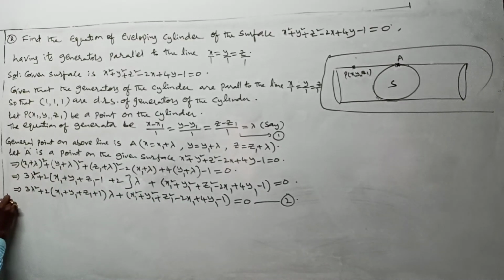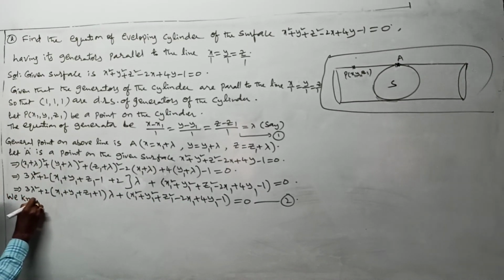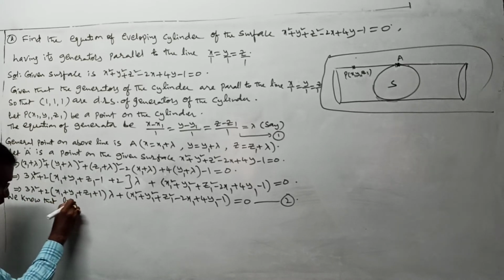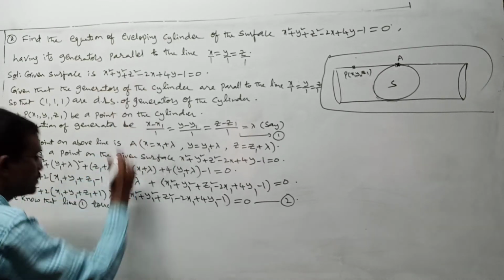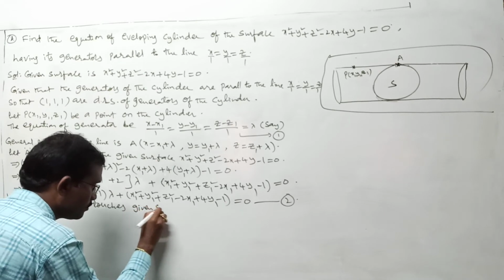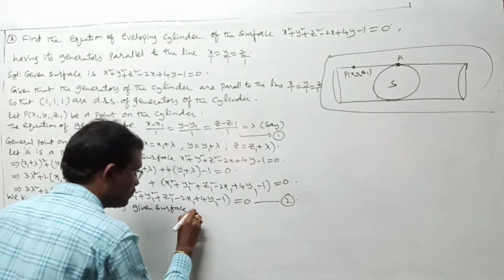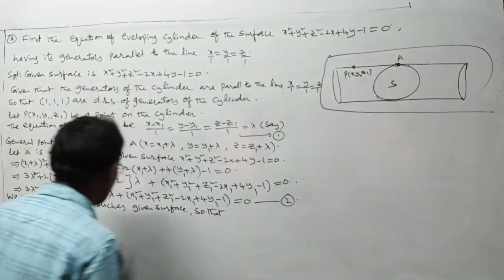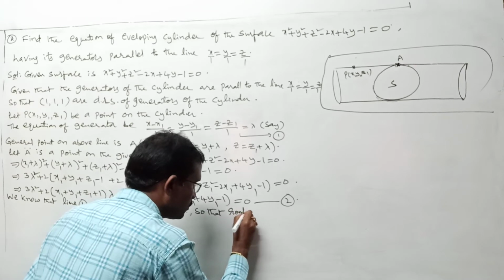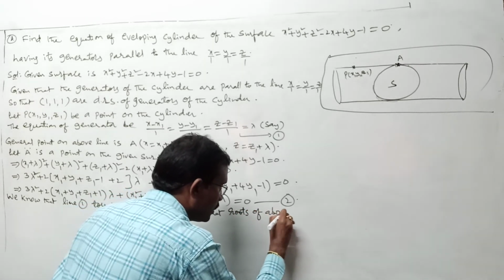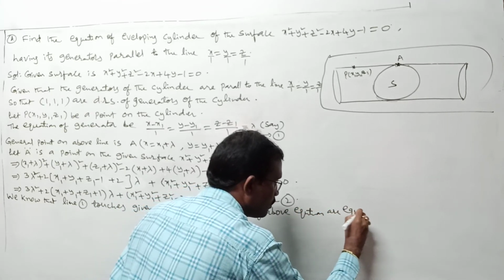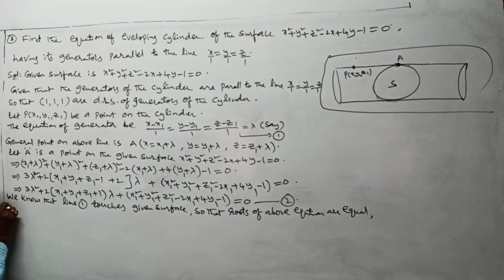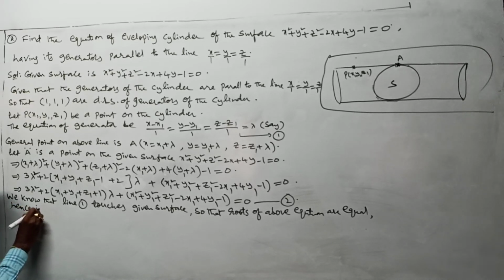We know that line equation 1 touches the given surface, this surface, so that the roots of the above equation are equal. Hence its discriminant becomes 0.